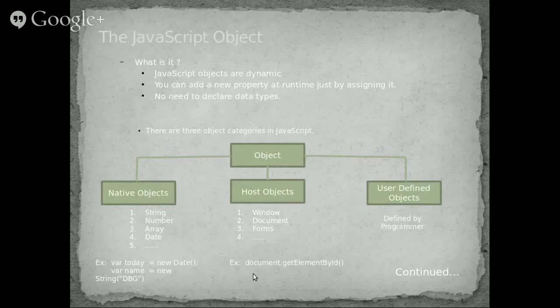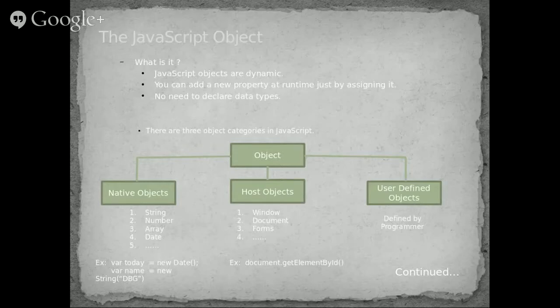Okay. Then the next one is the user-defined object. A user-defined object is a copy of a native object, and we make some modifications to that object, like adding properties and methods to it, and finally it becomes a user-defined object. Next, there are two common ways we can create objects in JavaScript.